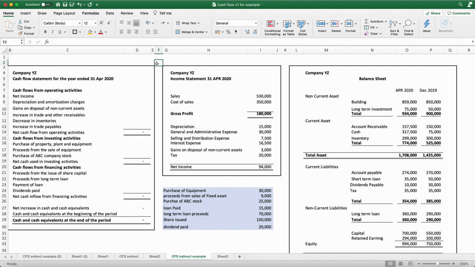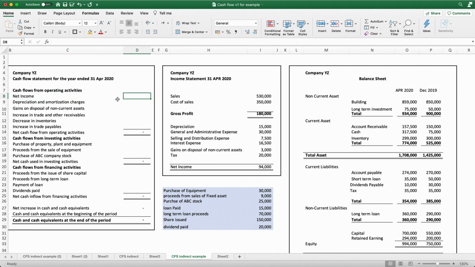Cash flow from operating activities using the indirect method starts from net income and then passes different adjustments to make this income match with cash generated from operation. Those adjustments come from the income statement and balance sheet. From the income statement, we will look at non-cash transactions, and the most common ones are depreciation and amortization and gain and loss on sales of non-current assets.